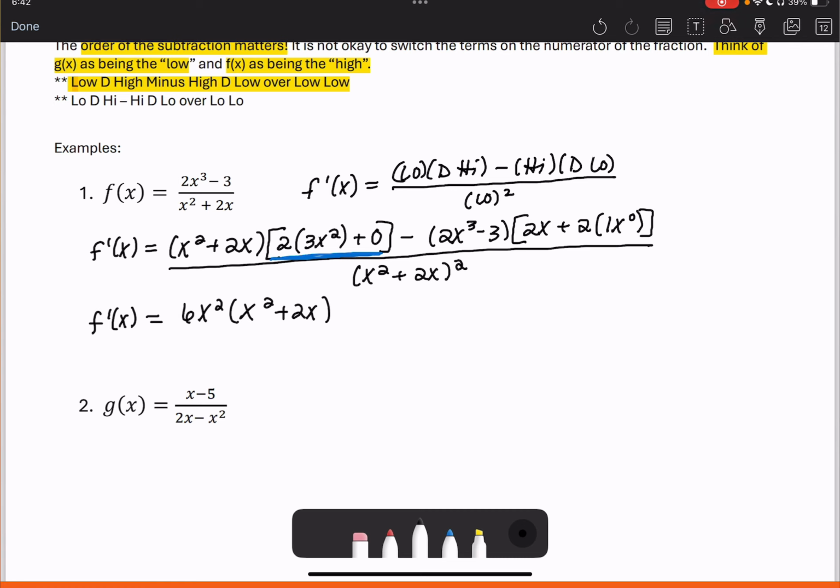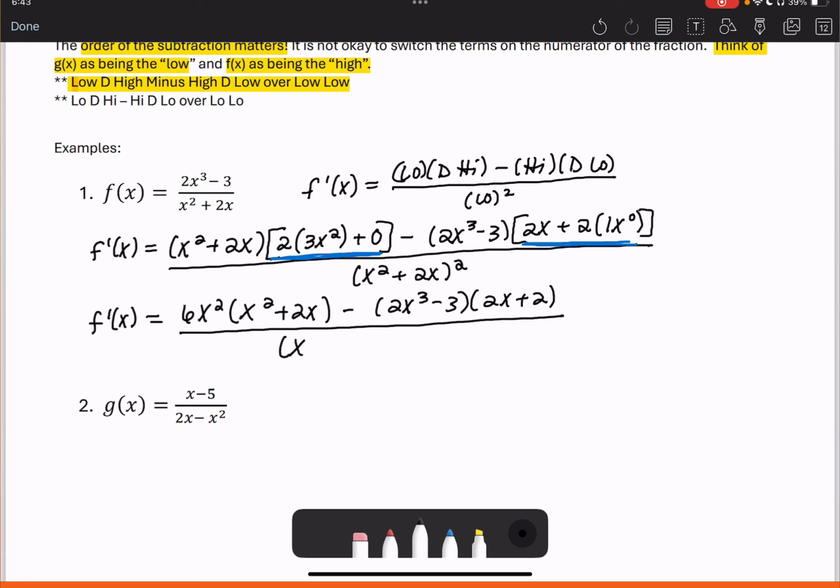Remember, I just can't change the order of the subtraction, okay? There's a difference in what I'm saying there, okay? And then this part here, this just simplifies down to 2x plus 2. Okay, and so I'm going to have 2x cubed minus 3 times 2x plus 2.